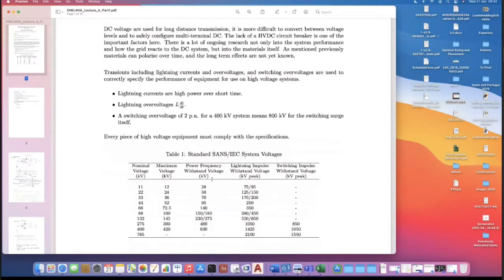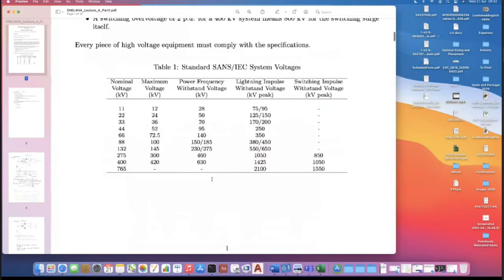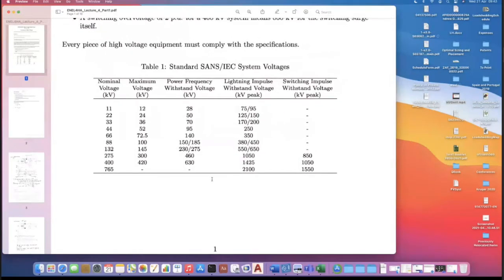The table that I'm showing here is the standard system voltages according to the South African national standards and the international standards. On the left, you've got the nominal voltage. It goes from 11 kV to 765 kV.